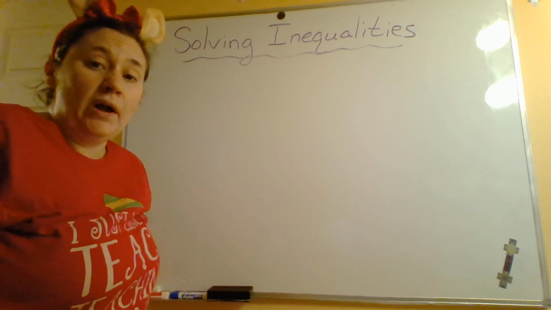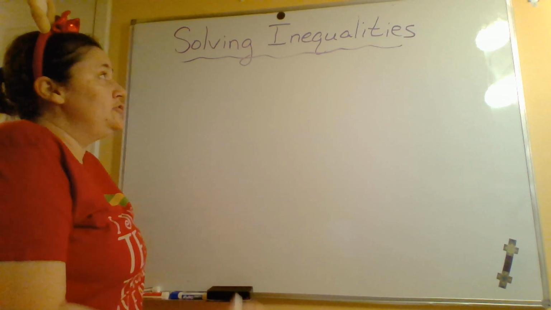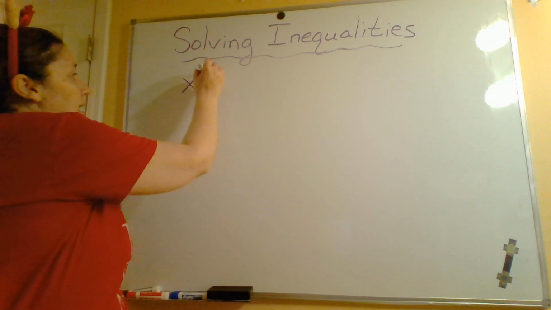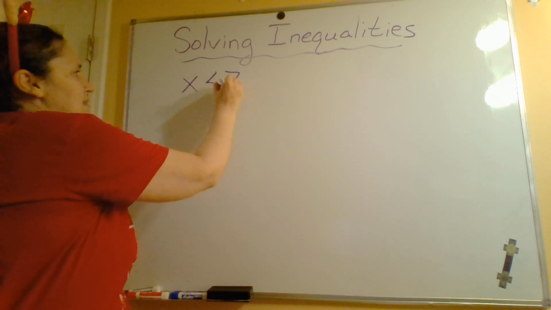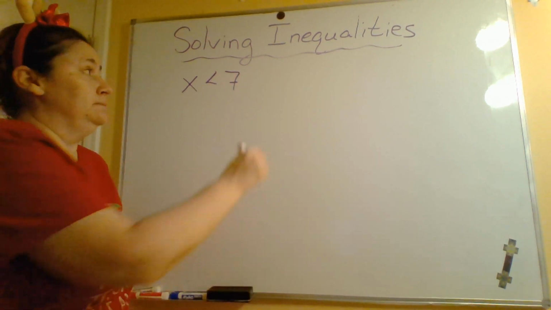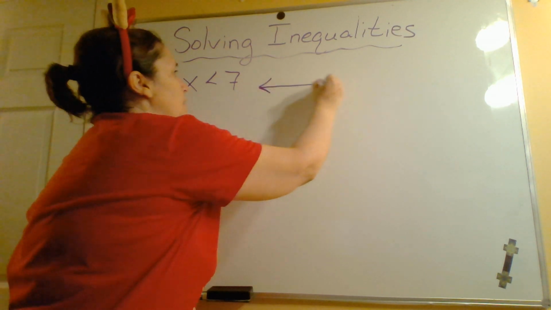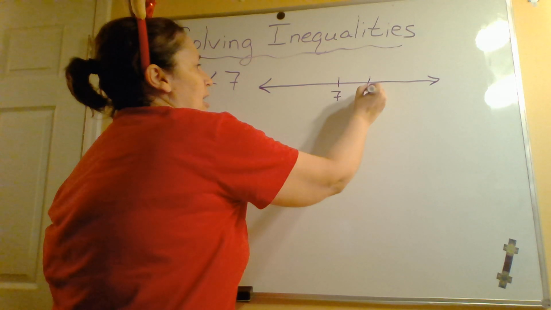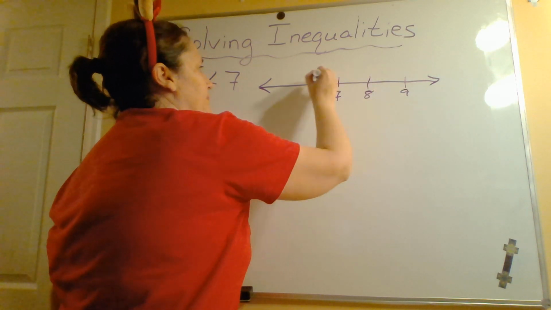Now let me review what you learned yesterday. Yesterday you learned how to graph inequalities. If you're given an inequality that says x is less than 7 and you had to graph it, you would draw a number line, put 7 on it, put a couple numbers around it.